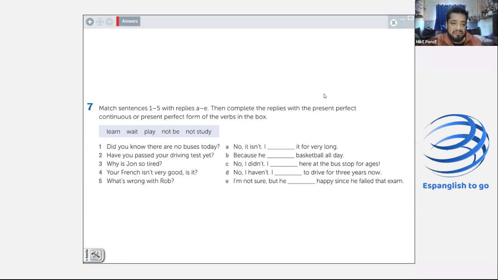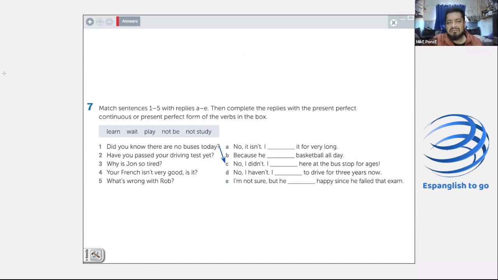Here we have, did you know there are no buses today? Well, I think the answer here should be for number 1. No, I didn't. For the yes, no question, I need yes, no answer. So, did you know? No, I didn't know. No, I didn't. I here at the bus stop for ages. So, now you have to complete the answer with present perfect or present perfect continuous.